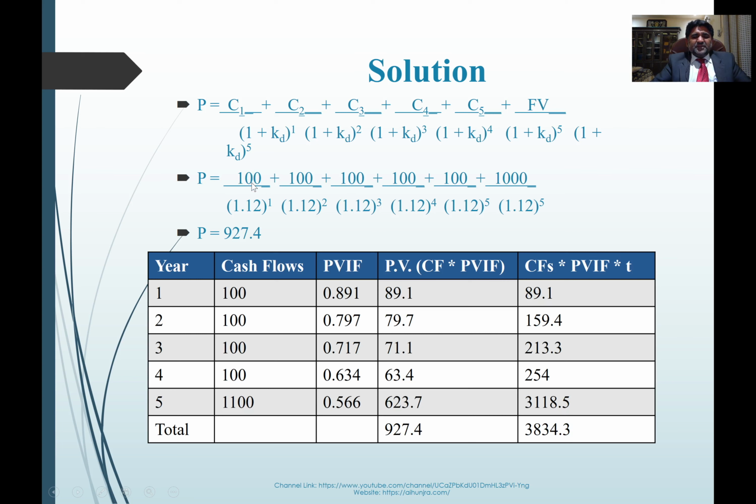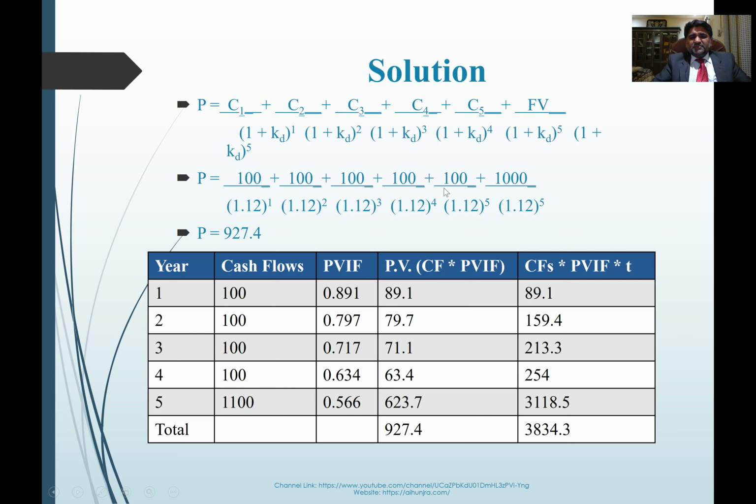That is 100 divided by the discount rate, that is 12%, 1.12 raised to the power 1, plus 100 divided by 1.12 raised to the power 2, and so on. And here is 100 divided by 1.12 raised to the power 5, and 1000 divided by 1.12 raised to the power 5.